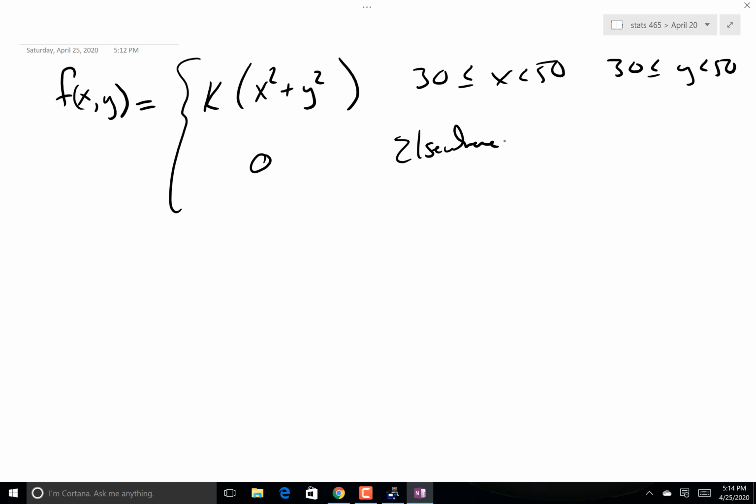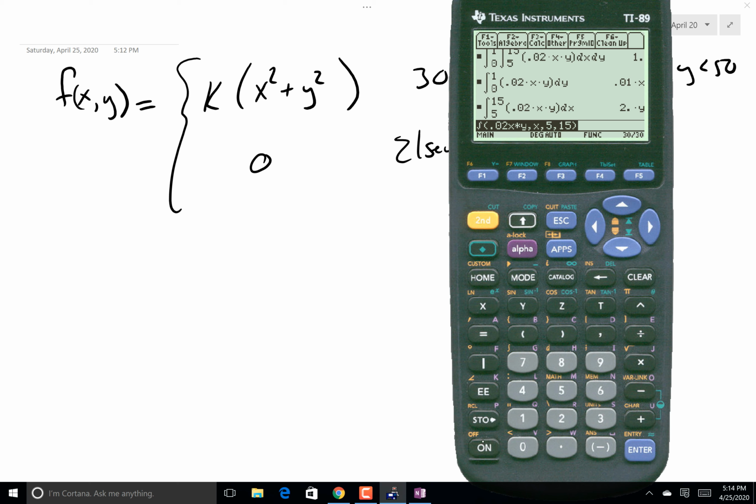That's cool. How would I find k? Well, to find k, I would simply integrate this. And whatever I have left over, if it equals 5, then my k is 1/5. It's whatever I need to multiply to make the whole shebang come out to be 1, like it's supposed to.